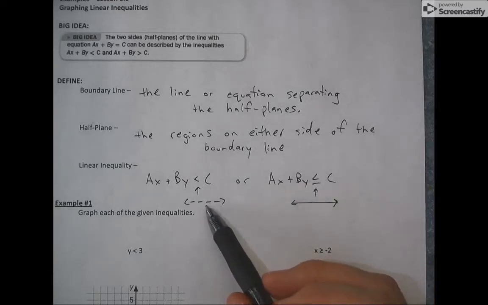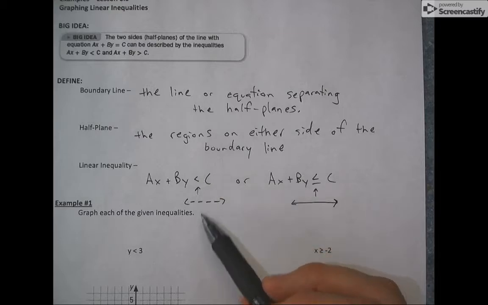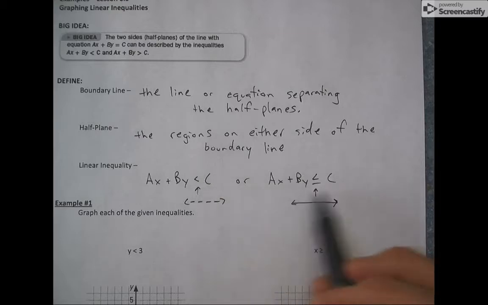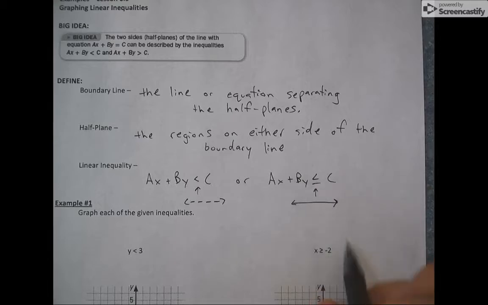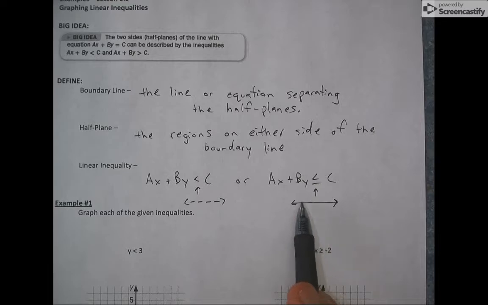Dotted line means it's not included in the solution set. Everything below it may be in the set, or everything above it, depending on if it's less than or greater than. Or you could have a solid line, and that means not only is the top or bottom, whatever's shaded, and we'll get to that in a second, included in the solution set, but the actual values that sit on the line itself are also included.